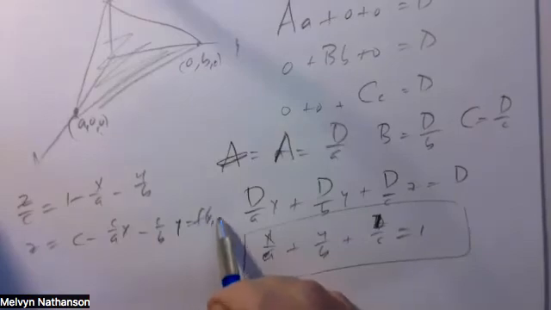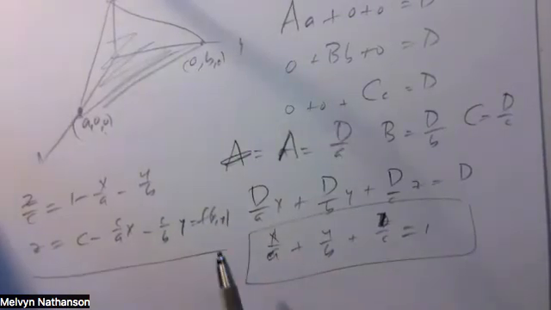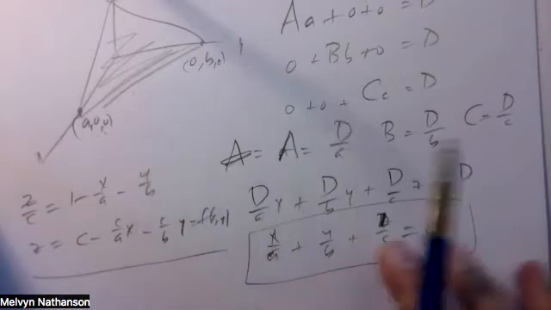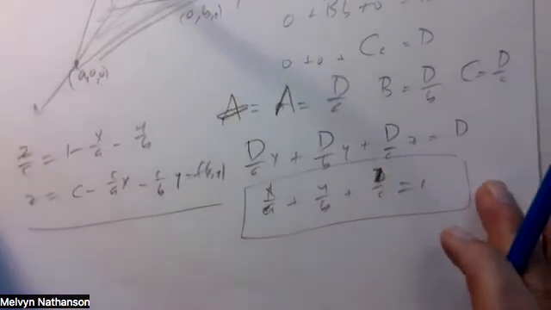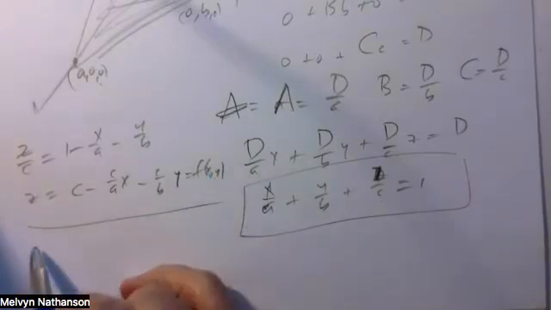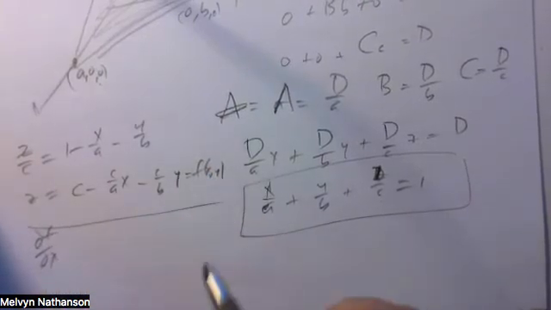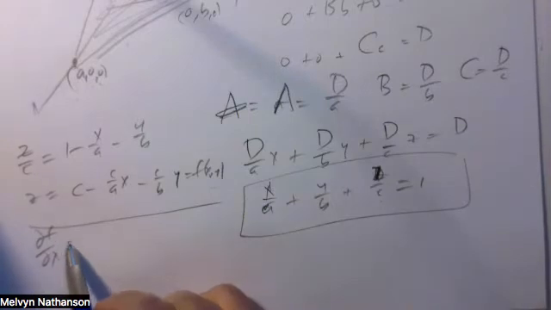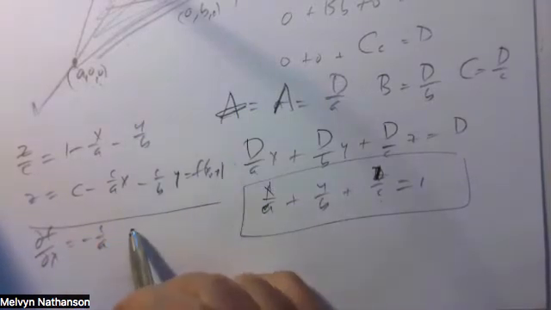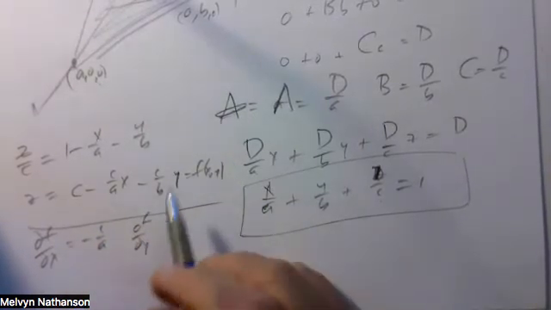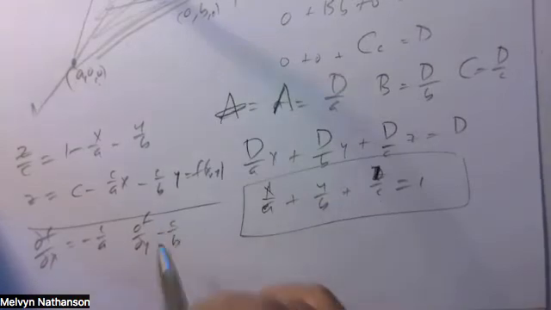So if I have some function f of x, y equal to this, that is the equation of the plane. And for this function, the partial of f with respect to x is minus c over a. The partial of f with respect to y is minus c over b.